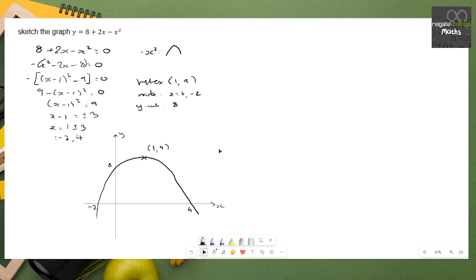Other more advanced things you can look at, more generally with graphs, are there asymptotes? Quadratics don't have asymptotes. What happens as x gets really, really big? What happens as x gets really, really big, but in a negative direction?